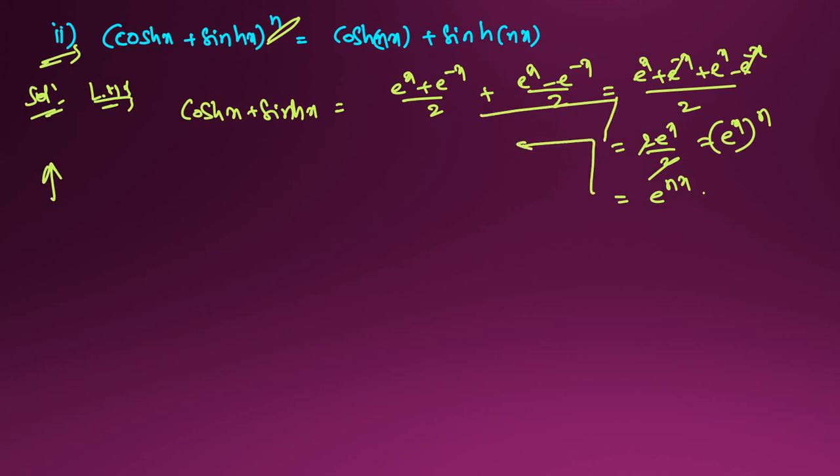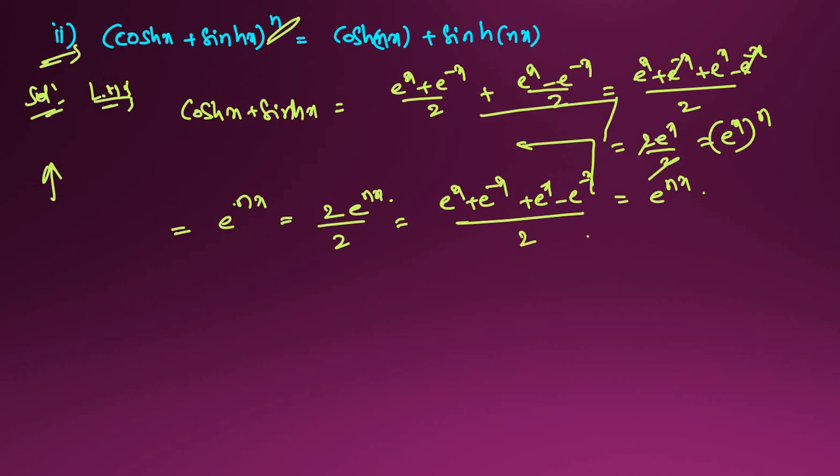Here we start from e power of nx, so we will multiply by 2 and divide by 2. We will write it as e power of nx plus e power of minus nx and plus e power of nx minus e power of minus nx, by 2. So we divide it like this.